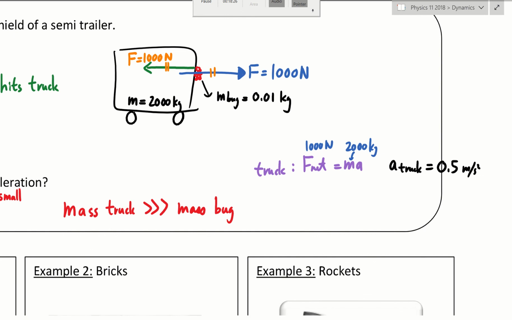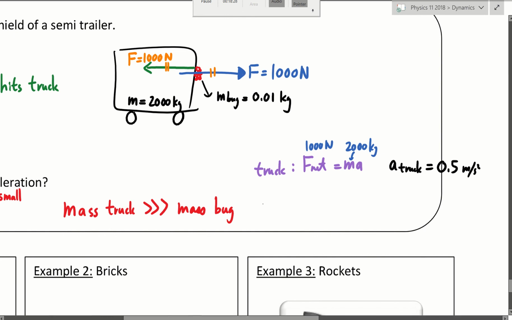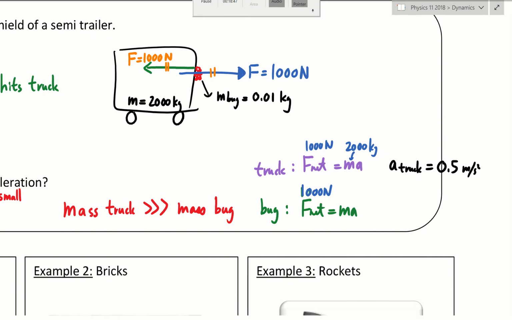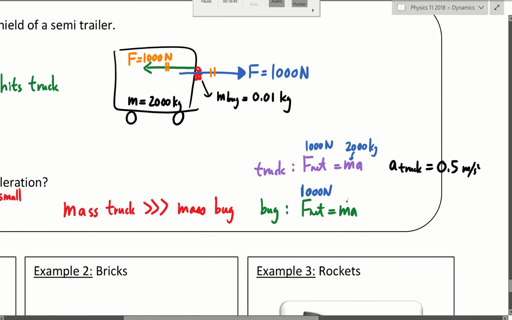Now, if you do the same calculation, but not for the truck, do it for the bug, then the result is very different. You're still doing F-net equals ma. Yes, the force is still 1,000 Newton because it is an equal and opposite force, right? But the mass of the bug is a lot smaller.